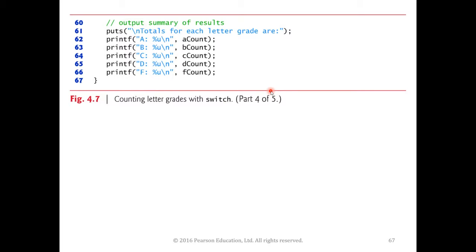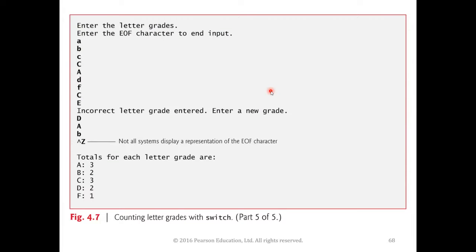Okay. Now this is a bit more complicated example than the previous one. It has a lot of elements to it, so we will look at those one by one. I have discussed most of them, but there are still a few that will come up in the next few slides. So here is a sample run.